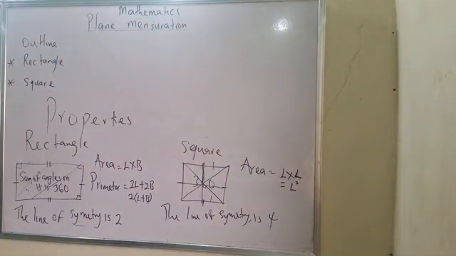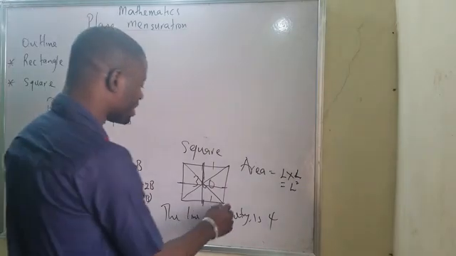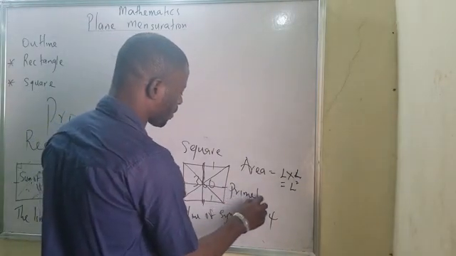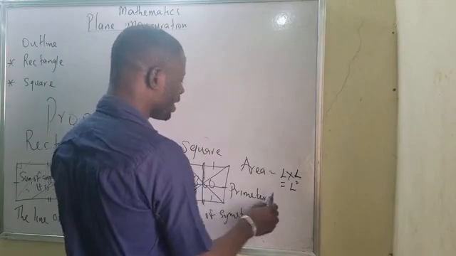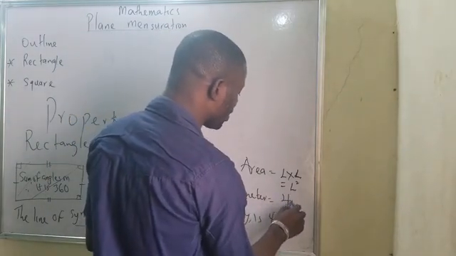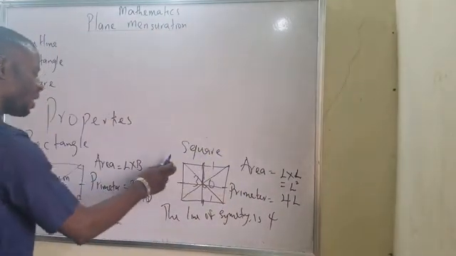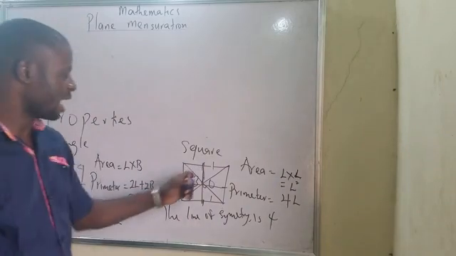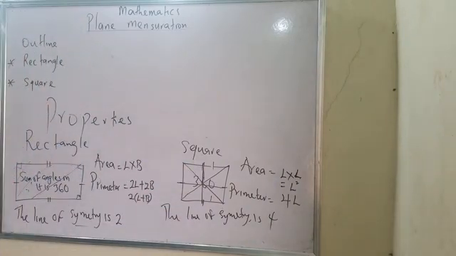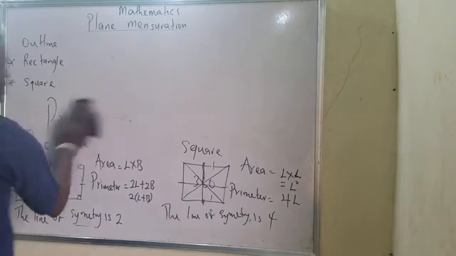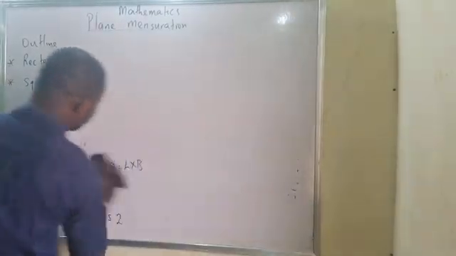The perimeter of a square is also equal to 4L, because everything is equal. Now, let me quickly show one or two examples that will illustrate my explanation.